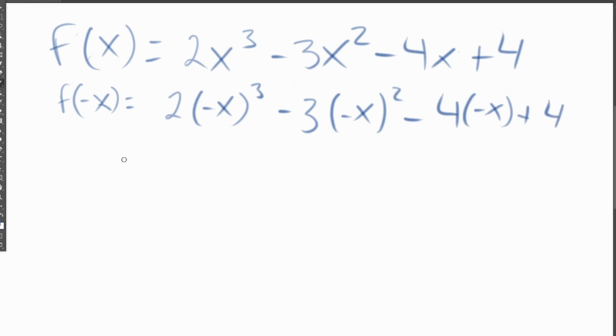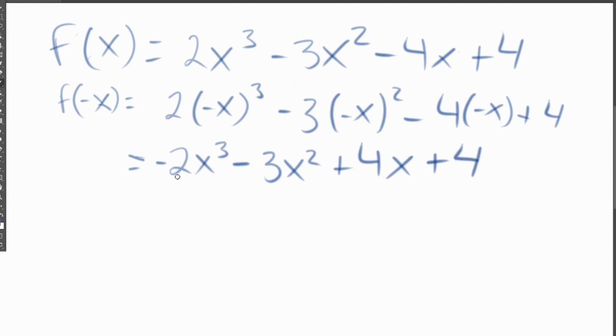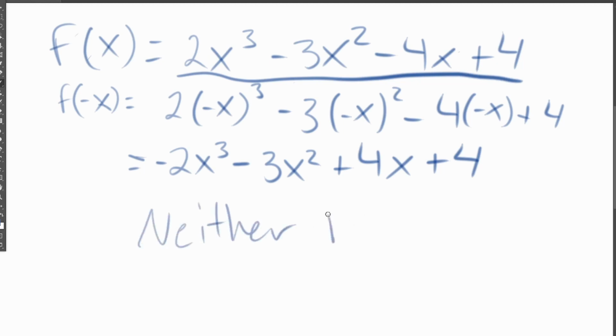So we're going to get a negative 2x cubed minus 3x squared and a positive 4x and plus 4. So as you can see, this is not the same function, not the original function, and it's also not the negative version of the original function. So this is again another neither function.